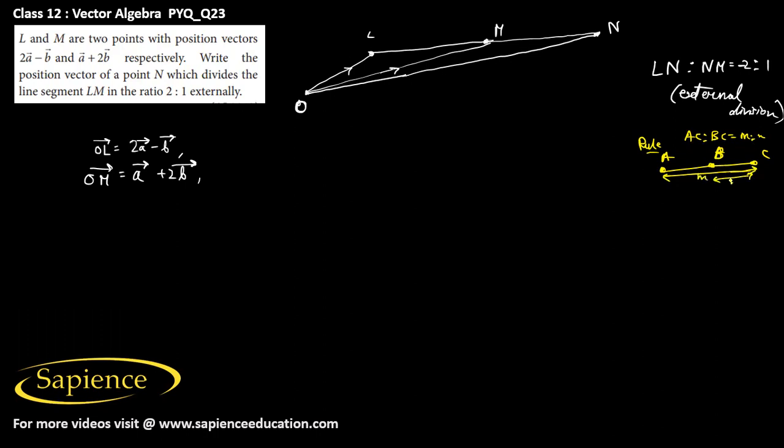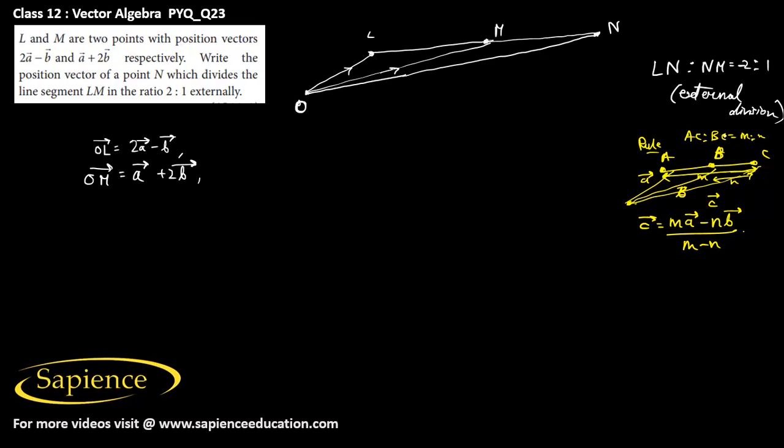This length is m, this length is n. If the position vector of the point A is given as A vector, the position vector of the point B is given as B vector, and the position vector of point C is C vector, then C vector will be equal to mA minus nB divided by m minus n.